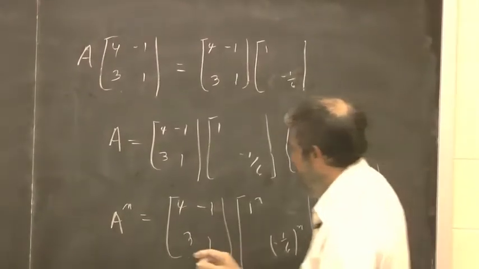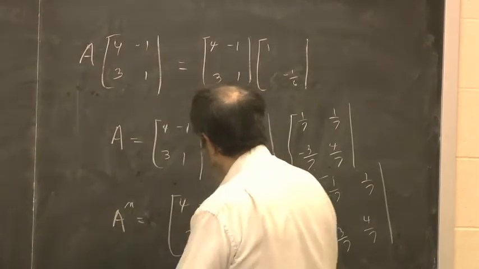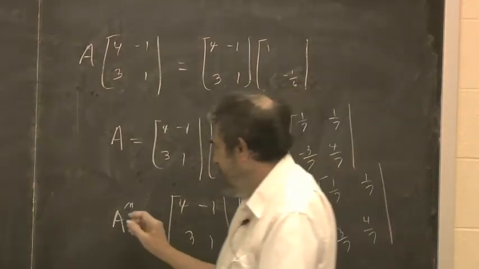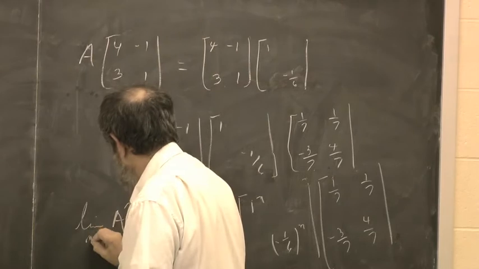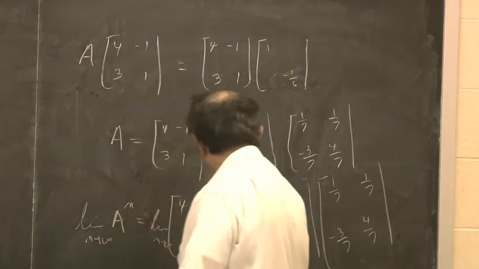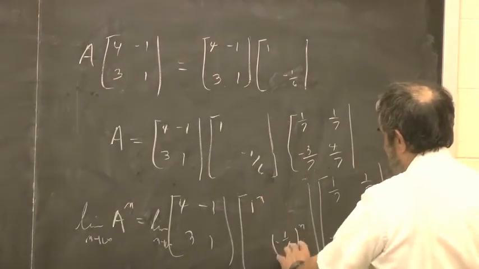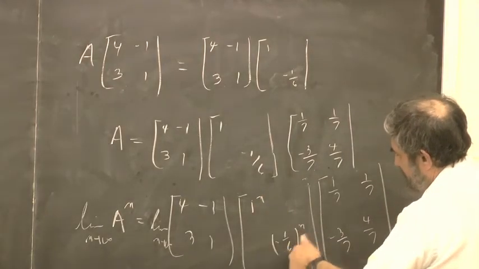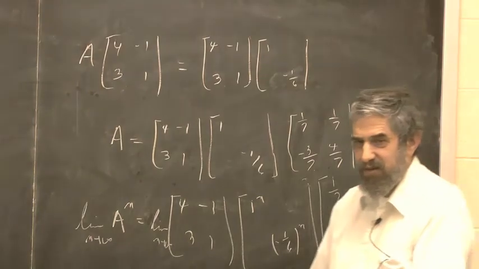All right, and actually I want to take the limit of this. So what's going to happen if we take the limit? The matrix in the middle, this minus 1/6 to the n, just goes to 0.